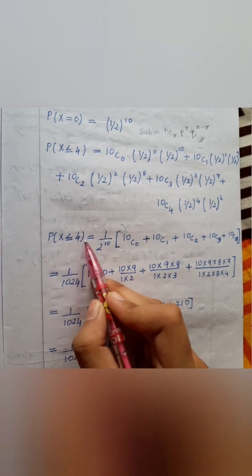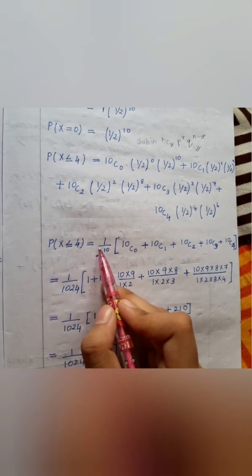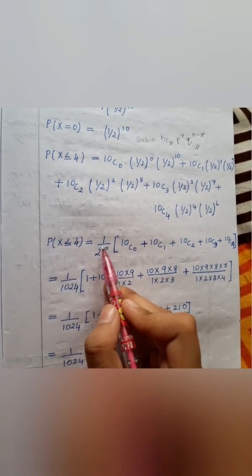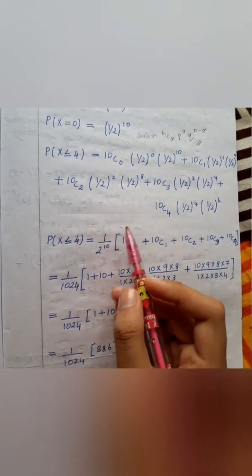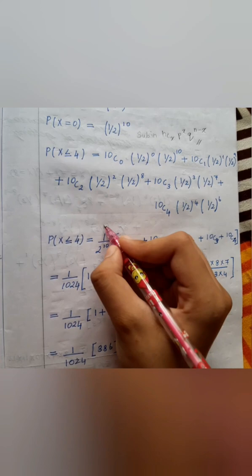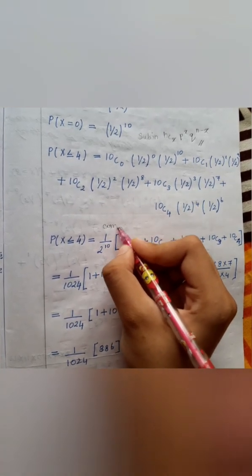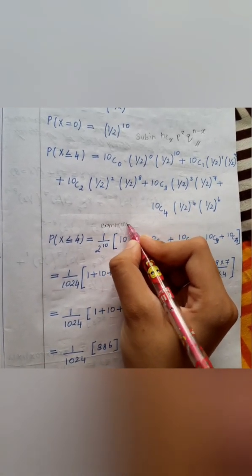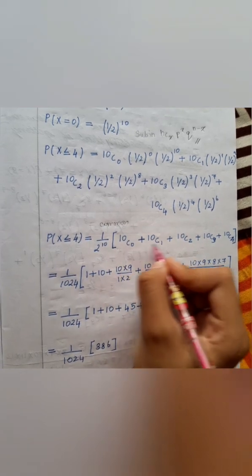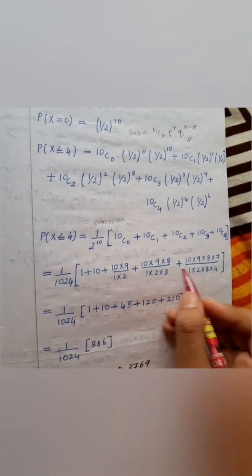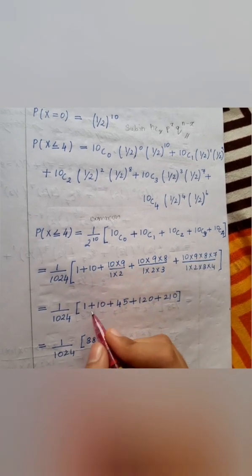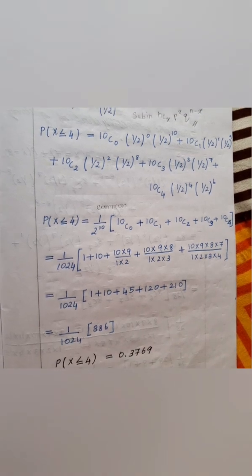After substituting, we are taking 1 divided by 2^10 common, since it is in everything in the above step. Then we write the other terms 10C0 to 10C4, substitute in the formula, and we get the answer.